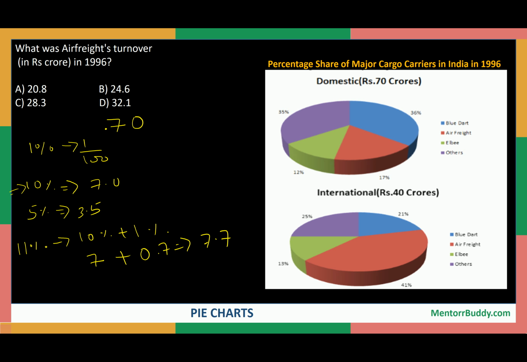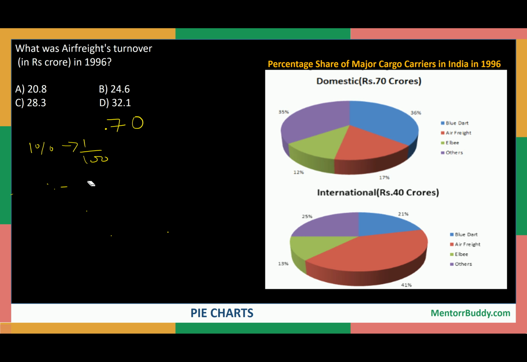This is the trick to find percentages quickly just by looking at the number. Now coming to our question, in the domestic part the percentage share of air freight is 17%, which is nothing but 10% plus 5% plus 2%.